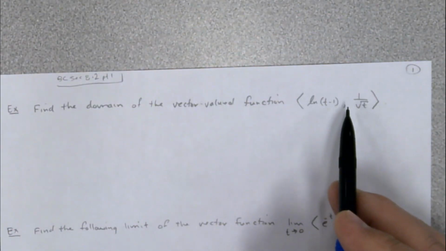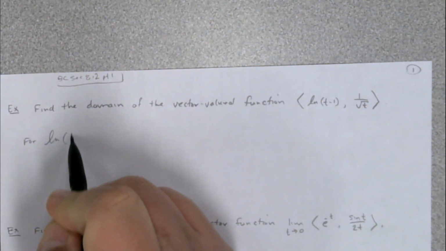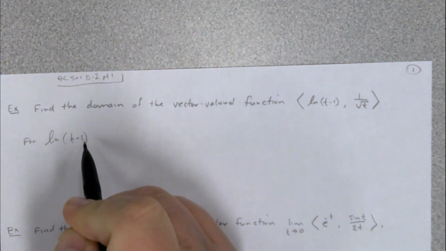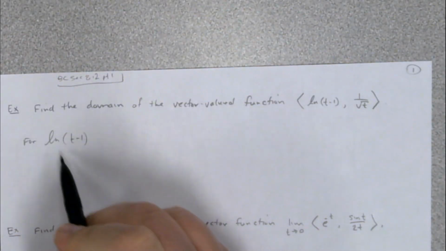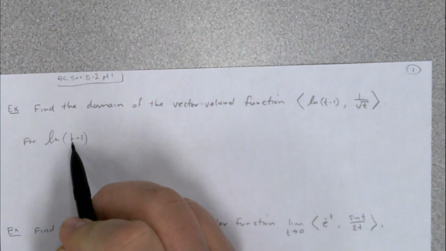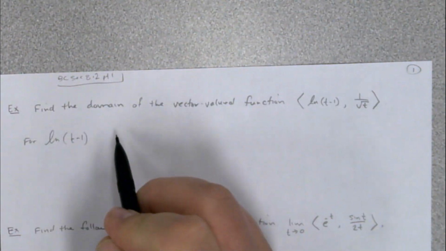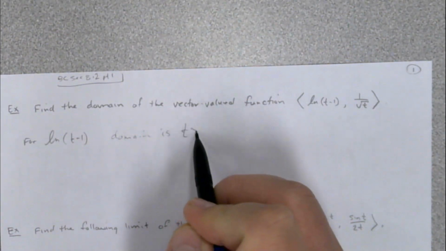So what is the domain for the natural log of t minus 1? Well, for natural log, the argument can never be 0 or negative. The number that makes this 0 is 1, so we know the domain is all the t values that are greater than 1.